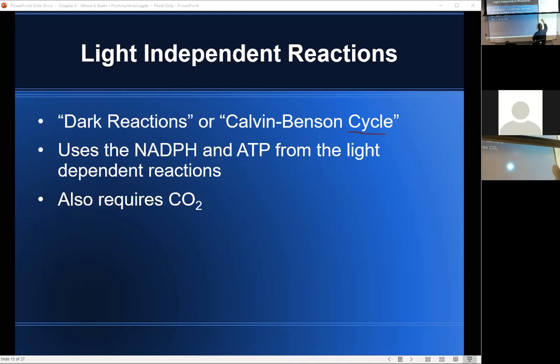So a cycle is a type of metabolic pathway that ends with one of the same molecules that you begin with.